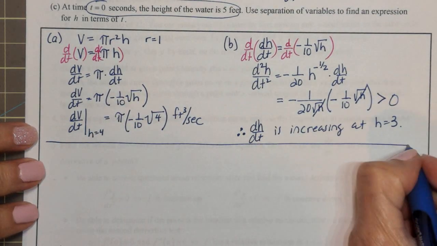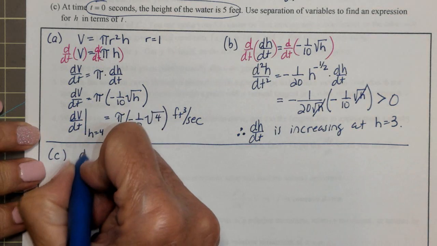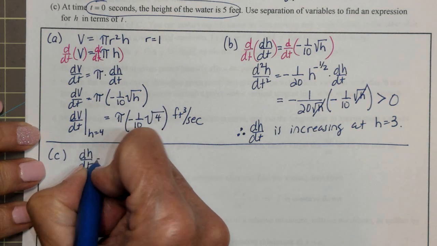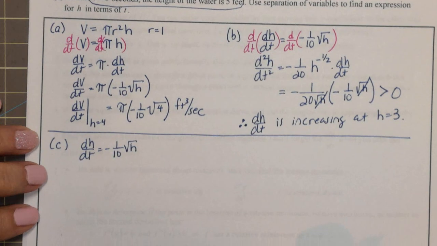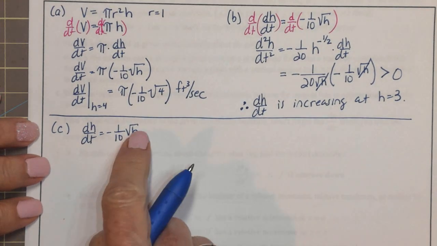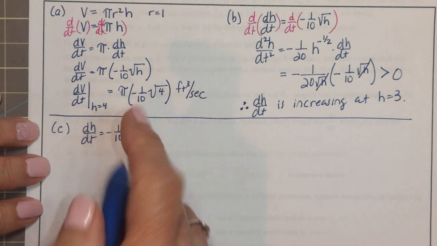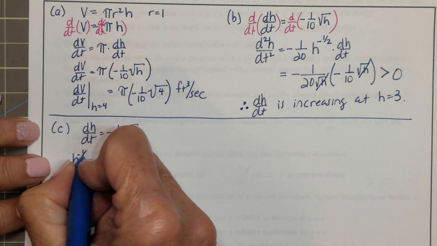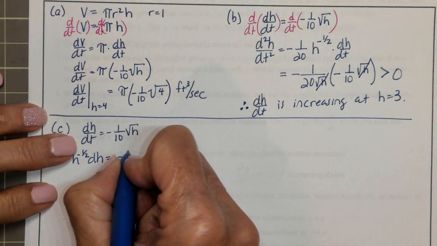Alrighty. Part C. I take my dh/dt. I'm going to separate and integrate. So I'm going to divide both sides by h to the 1/2. That will be h to the negative 1/2. Multiply both sides by the dt.